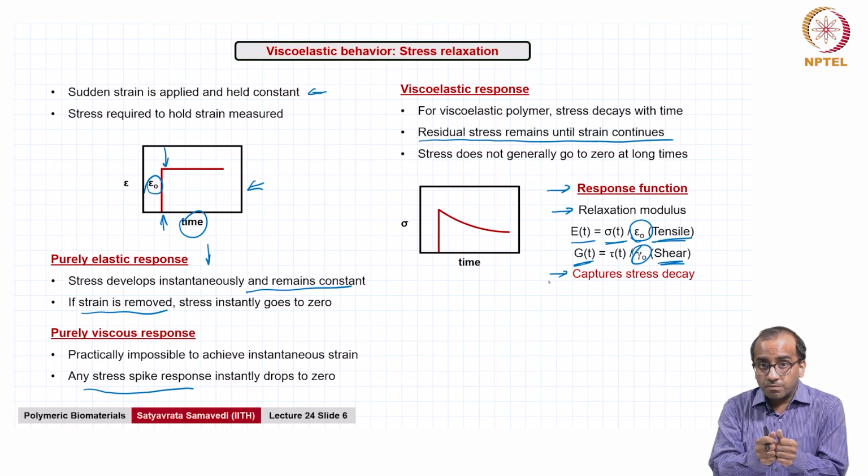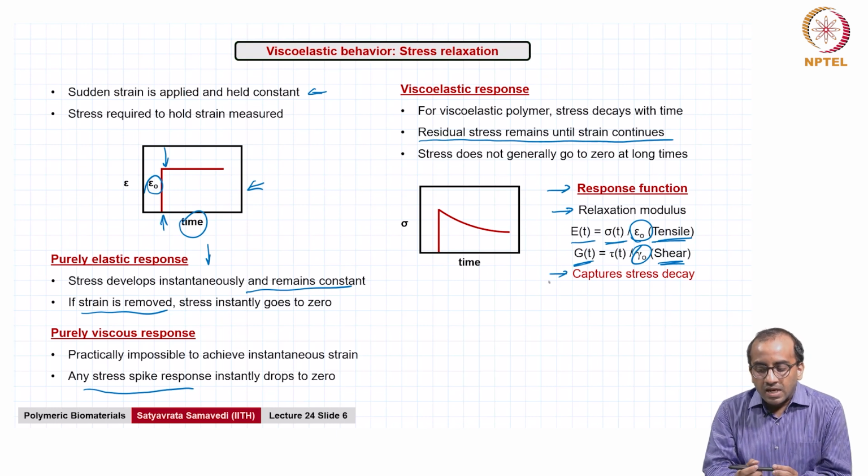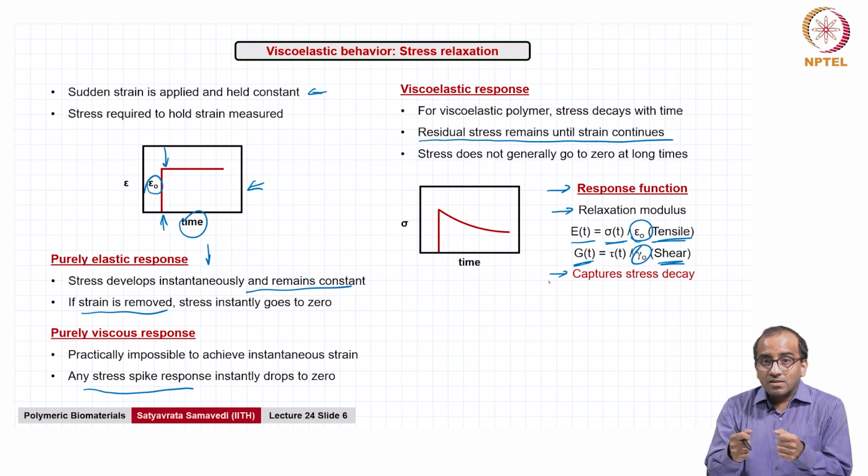So what you have done is you've applied a fixed constant deformation, and you want to track the system over time in terms of how the stresses relax. And what you will find is after a very long time, you will start to see that the rubber band will start to loosen up a bit, right? And that's one manifestation of what we are looking at here.